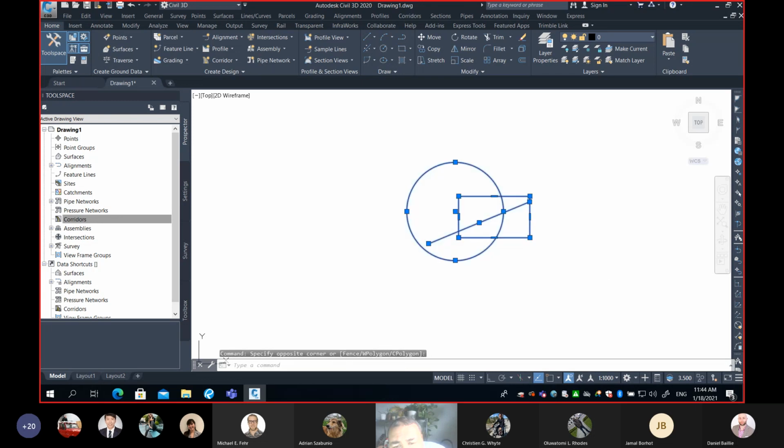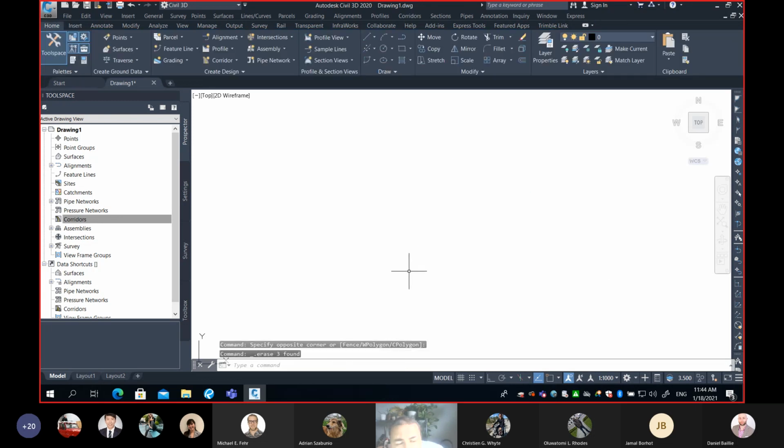However, it is not designed primarily to do drafting. It is a design software that allows you to do things beyond drafting. For example, you can do profiles, cross sections, and estimate quantities. You can do the same thing in AutoCAD, but it will take you a long time to create a profile, a cross section, or a volume.